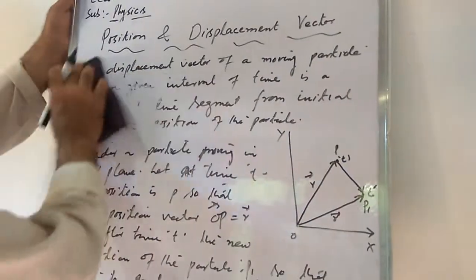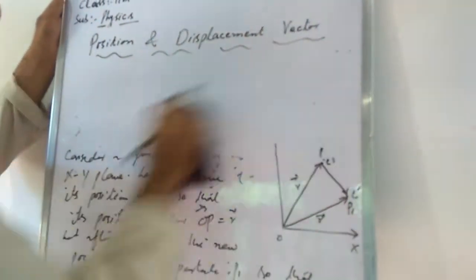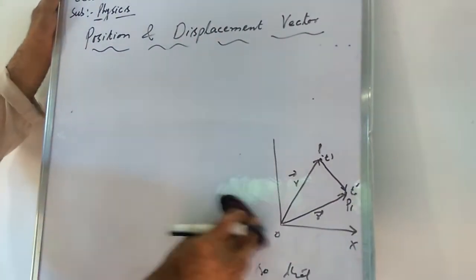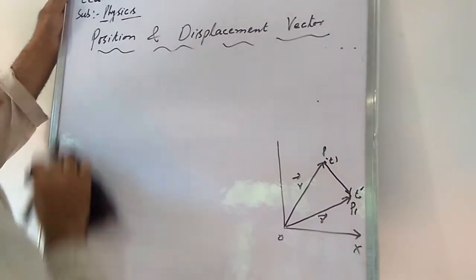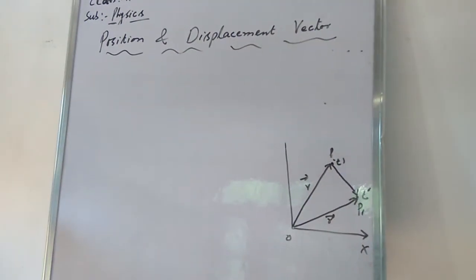Now how much is the displacement vector? As we have written, it is the directed line segment from the initial position to the final position in a given interval of time.